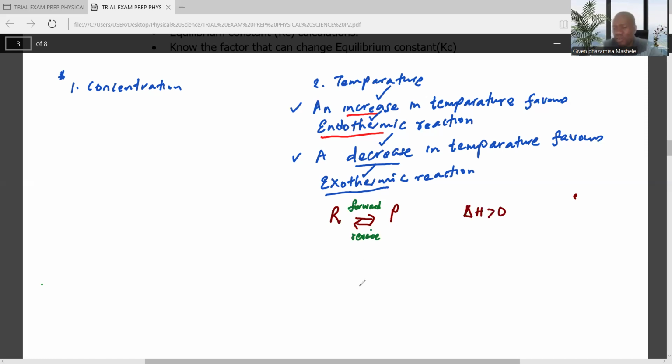So listen to me very well. In a reaction, if you are given this symbol, you must know that the forward reaction is the one which is endothermic.